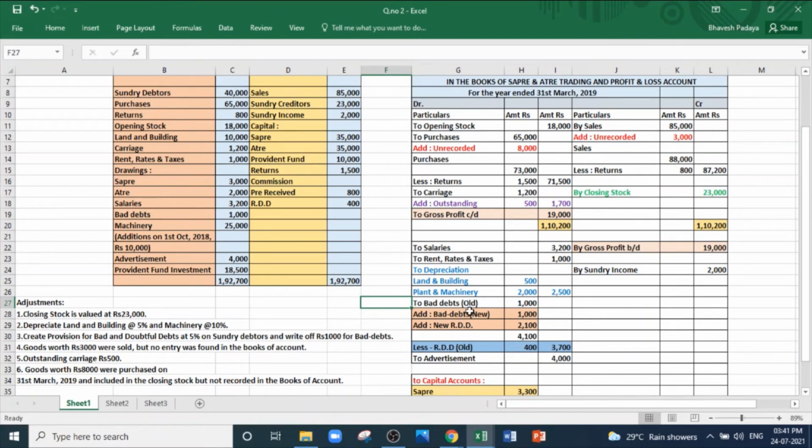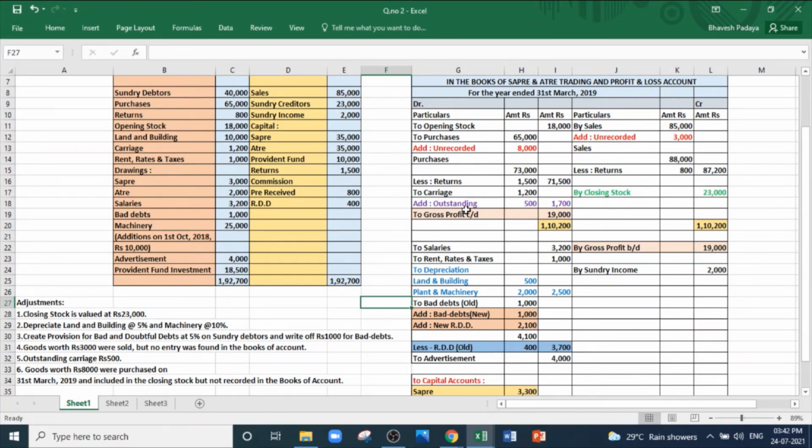Bad debts, that is old bad debts, add new bad debts 1,000, add new RDD 2,100. Total of these three will be 4,100 less old RDD, which is given in the trial balance 400. Total bad debts for the year is 3,700. Unrecorded sales, add to sales, add to debtors.